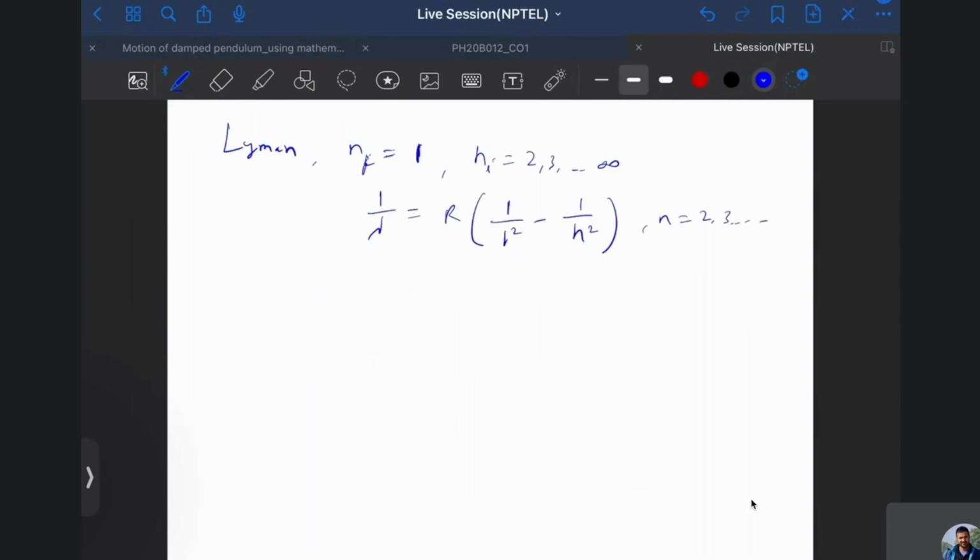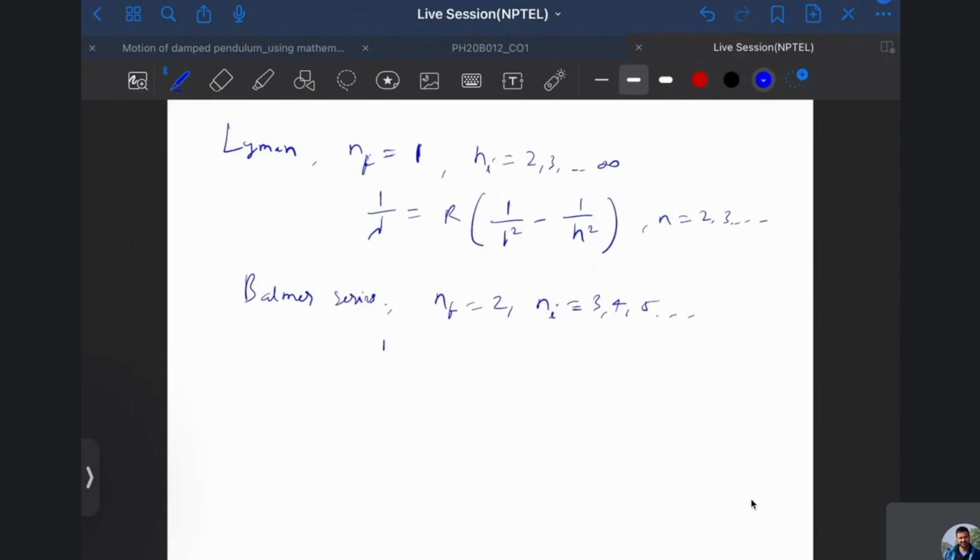Similarly, for Balmer series, the final state is 2 and the initial state can be 3, 4, 5, and so on.